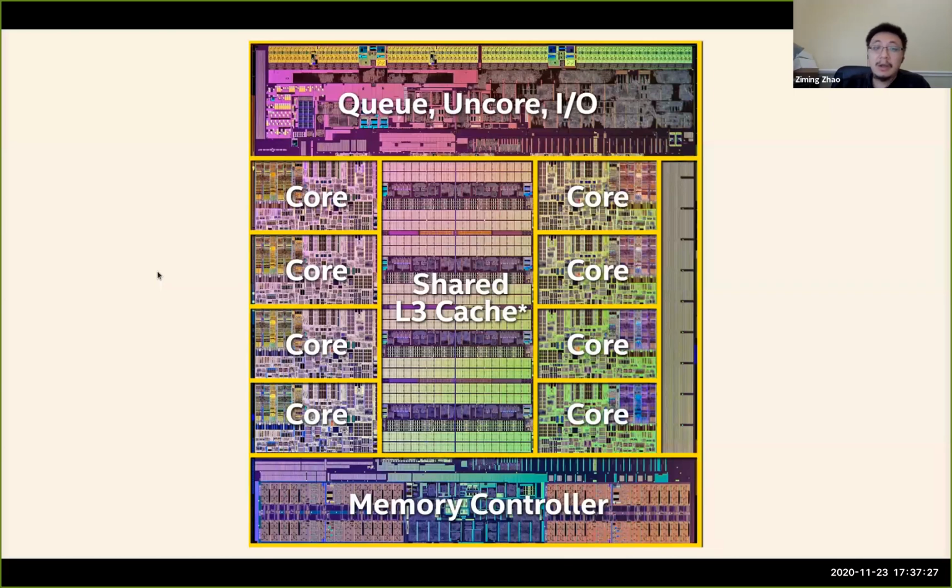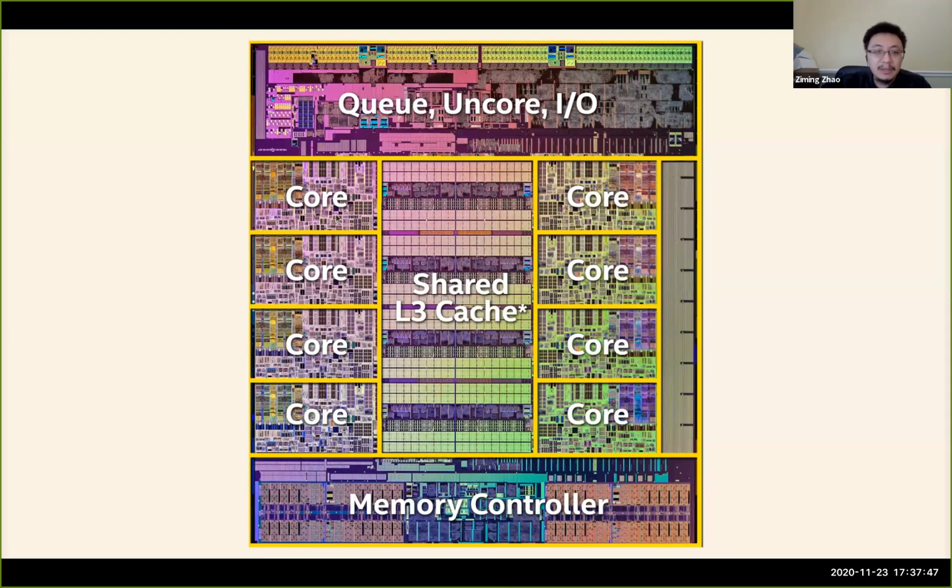You can see that there are 8 CPU cores there. This is probably a desktop or server level CPU. We have the memory controller part, including the memory management unit. So we have other parts for the CPU to connect it to peripherals.